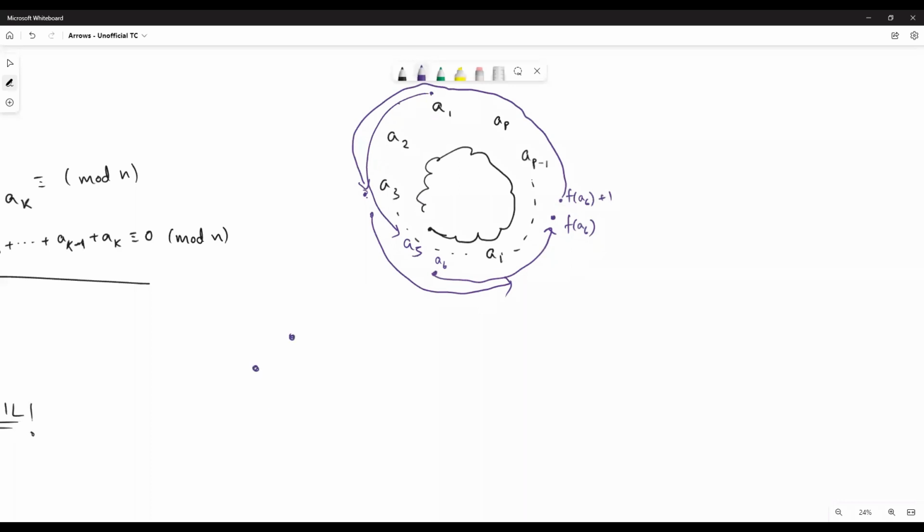Let me draw concrete objects. Suppose this is one arrow. The second arrow starts from here and goes on till here. This is not what we want. This ended at the place where an arrow began. We want to end it one vertex before an arrow began.